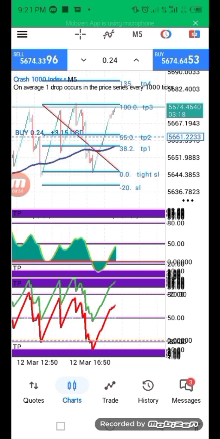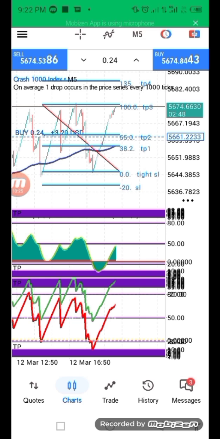Okay, let's watch as it hits TP3. As TP3 gets damaged, brutalized, vandalized, destroyed, and it is gone.